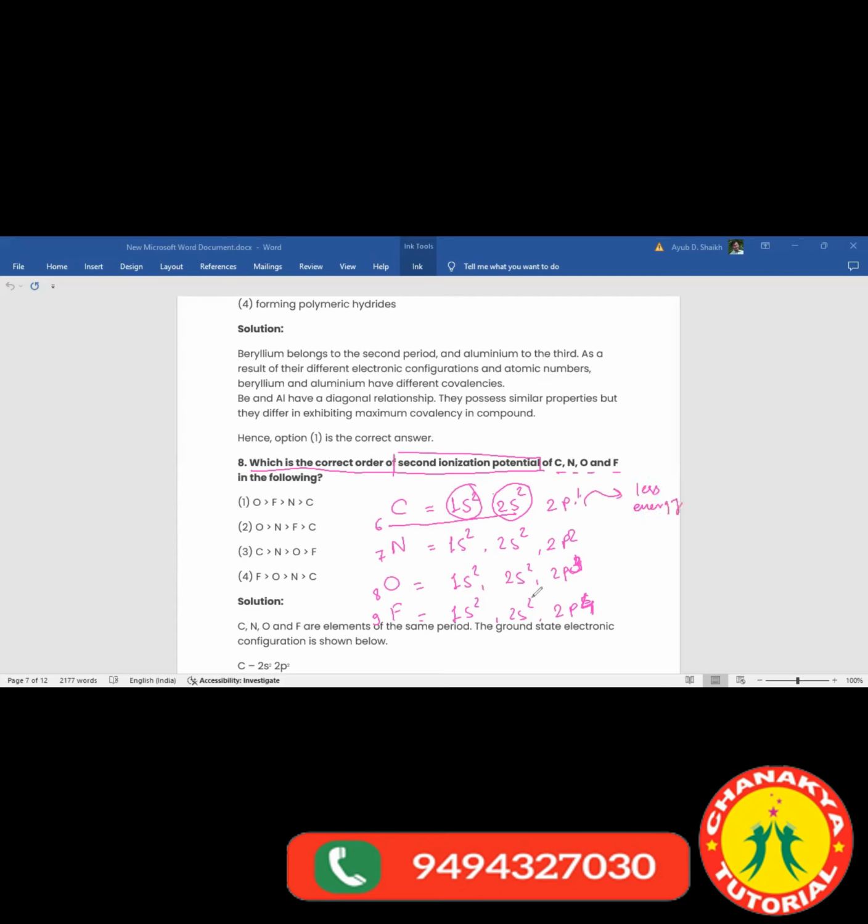And if we go for the nitrogen, here are the 2 electrons in the 2p orbital. If you have to remove one more electron from this, it may require more energy as compared to carbon. So carbon requires less energy as compared to nitrogen. Ma'am, if we do it like this, then the fourth option will be correct, right?